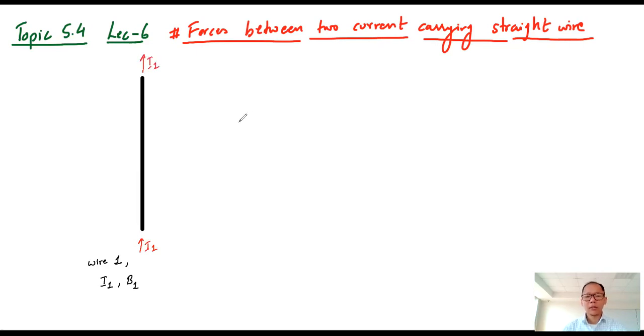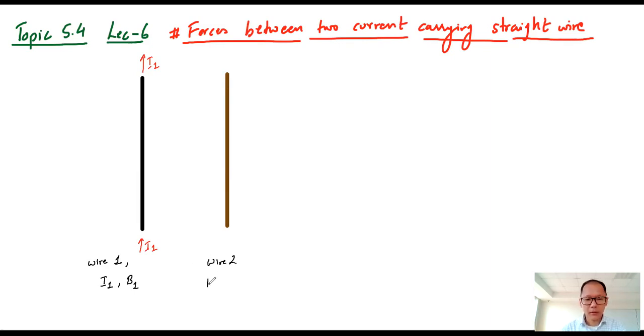Now because we're trying to find the forces between two current carrying wires, let us also draw another wire, which maybe I'll choose a brown color here for the other wire. So let me choose a thicker ink here. So maybe this is wire 2.